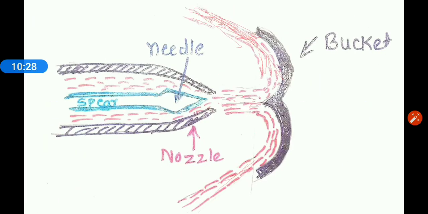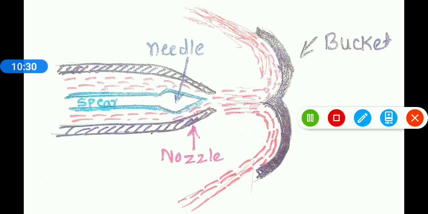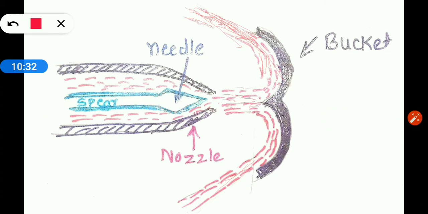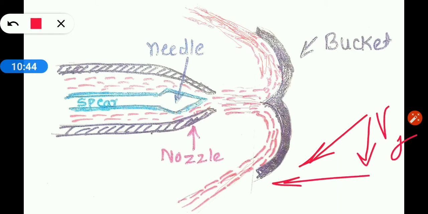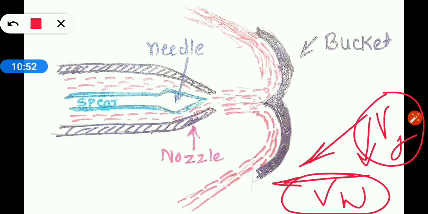See, as we know from the velocity triangles, when the jet comes out from here, I'll draw this here. If this is the absolute velocity, then you get a flow component, that is Vf, and a whirl component, that is Vw. Now this Vw will help the turbine to rotate, but this Vf will create the end thrust.